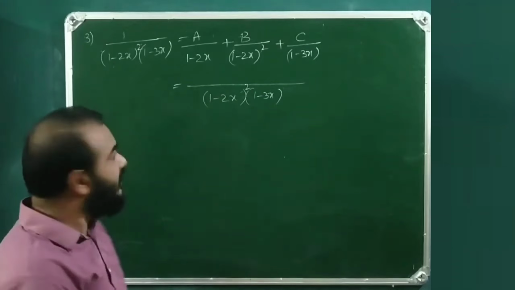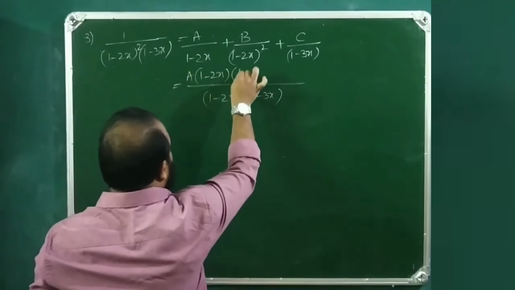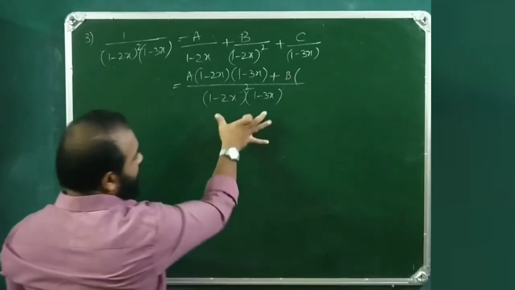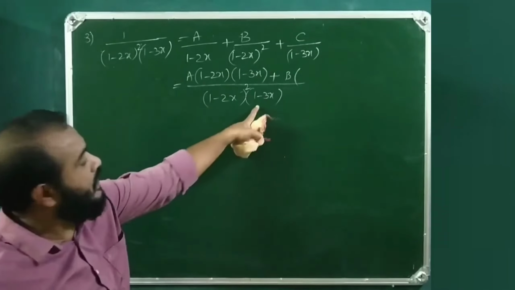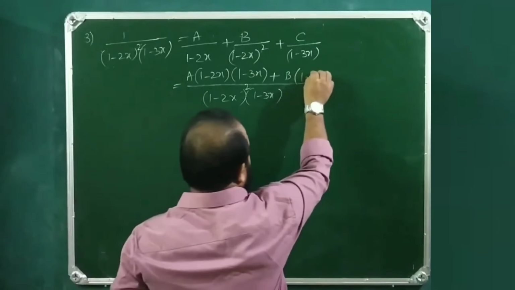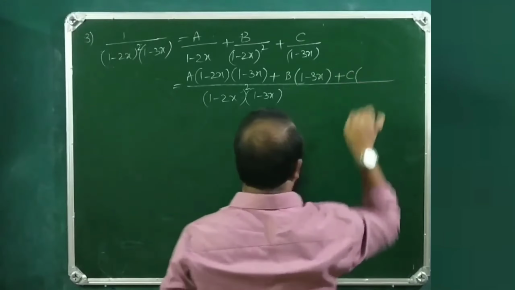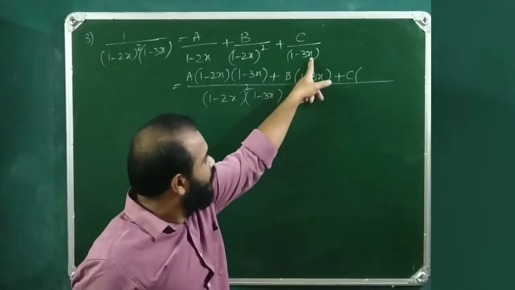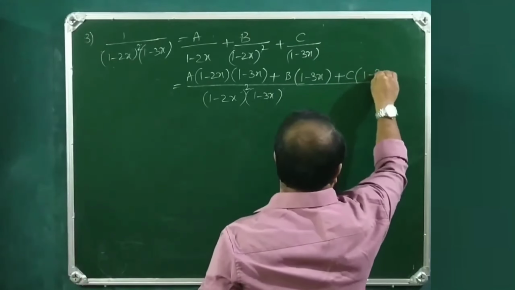So (1 minus 2x) into (1 minus 3x), a into (1 minus 2x) into (1 minus 3x), plus b into this by this, (1 minus 2x) whole square, (1 minus 2x) whole square gets cancelled, (1 minus 3x), plus c into, so this by this, (1 minus 3x), (1 minus 3x) gets cancelled, (1 minus 2x) whole square.